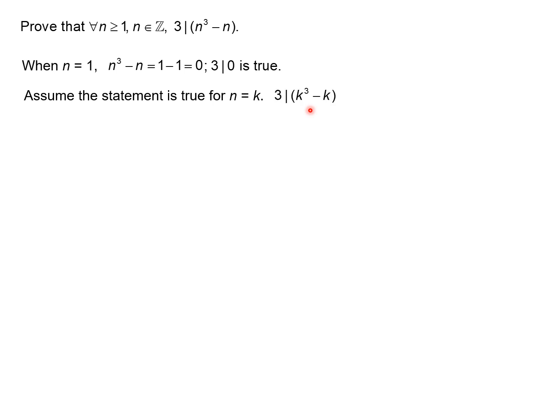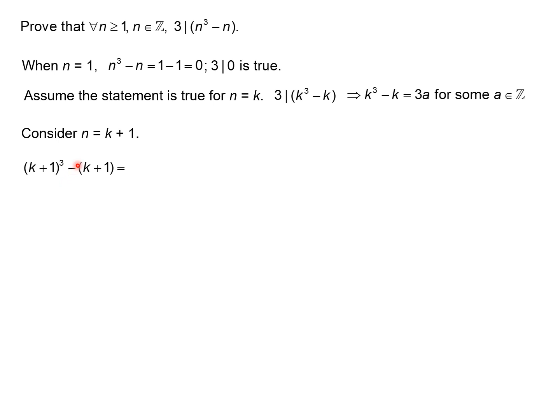That is an assumption. So therefore, 3 divides a function of k cubed minus k, because n is equals to k, and you assume it's true. And we are going to make an assumption that it is actually a multiple of 3, 3a, where a can be any number, right? And next statement would be consider n is k plus 1.